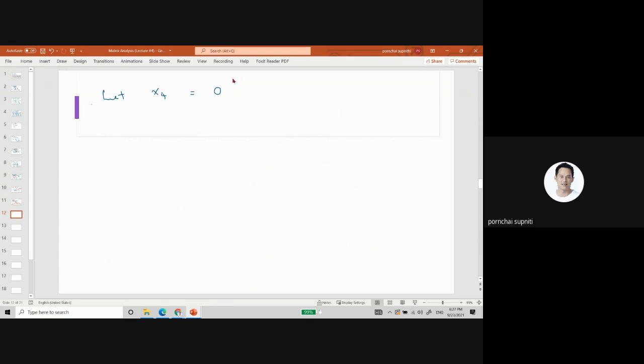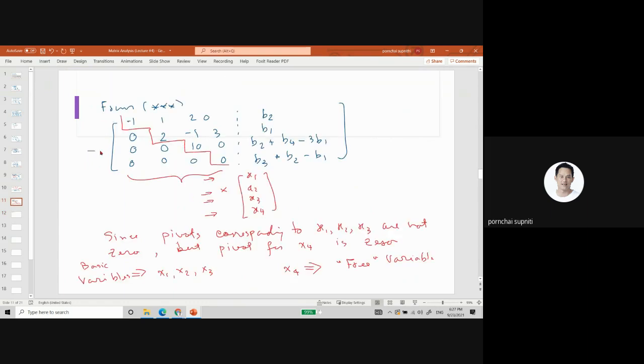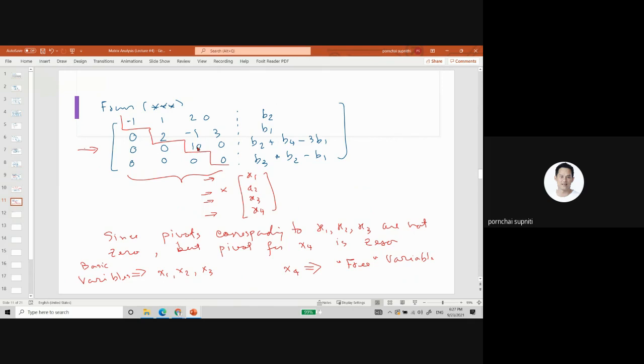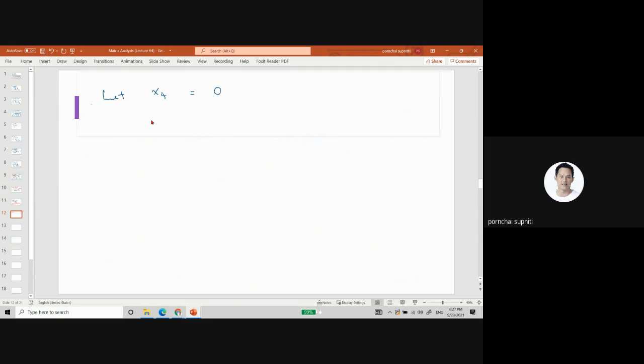And then if we use the equation on line 3, we will have that 10 multiplied by x3 is equal to b2 plus b4 minus 3b1.